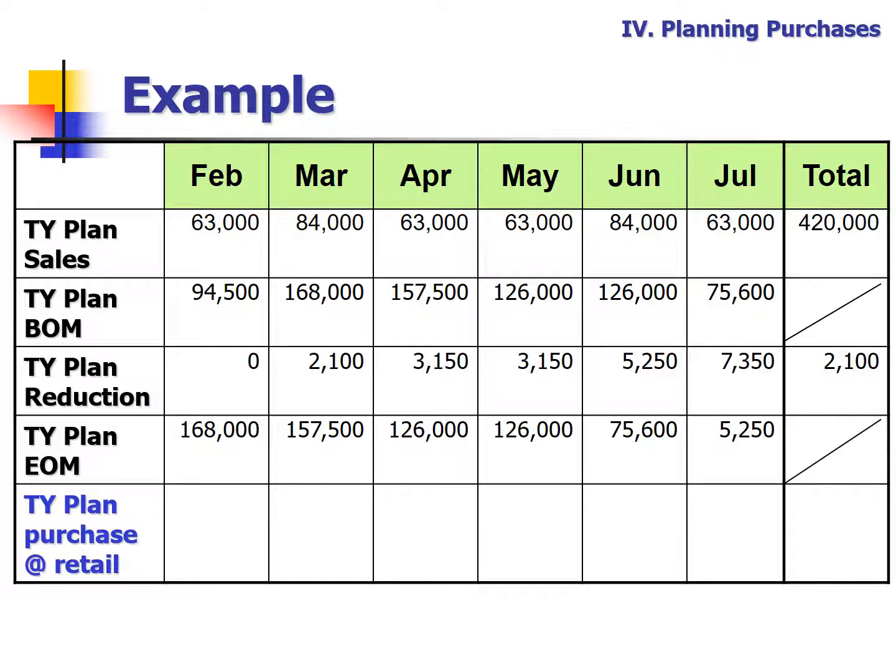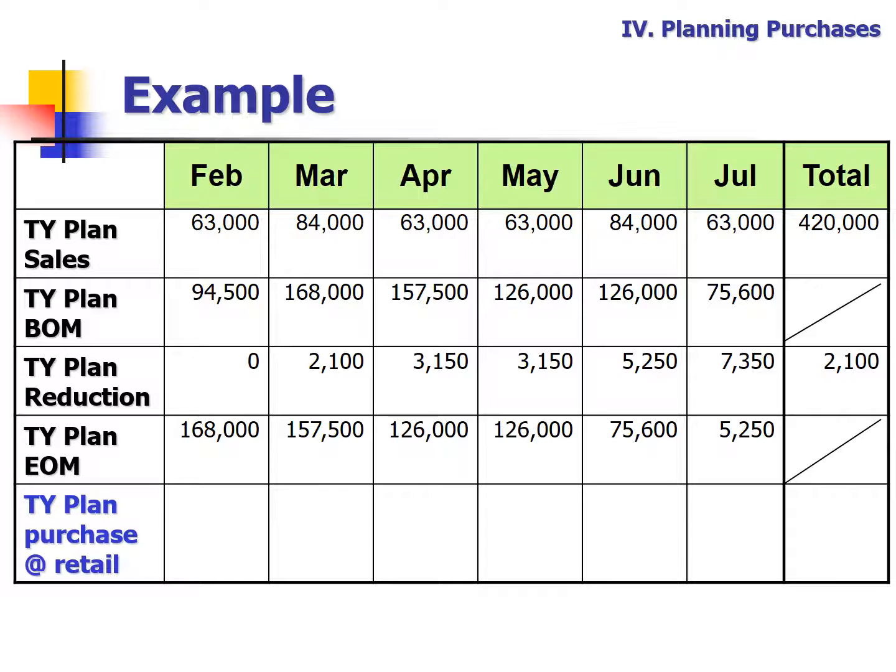So continuing with the example that we have worked on, so far we have planned sales, reductions, BOM, and EOM, and we laid out all of the numbers that we have already calculated. Now to plan purchases at the retail value, we know the purchases will be sales plus reductions plus EOM minus BOM, right?